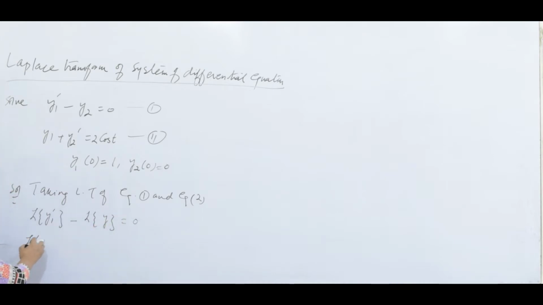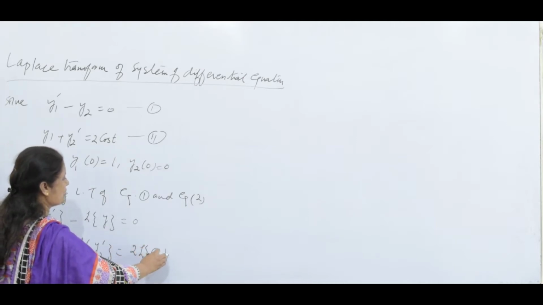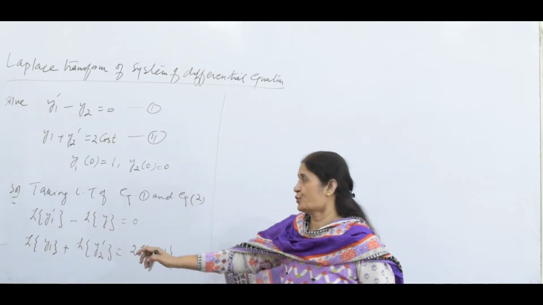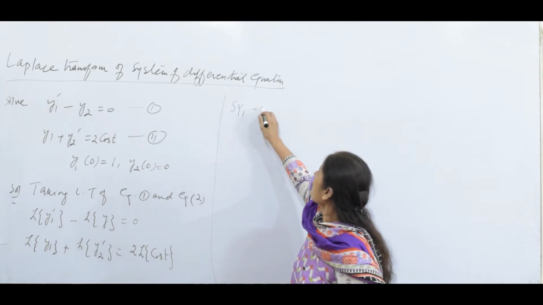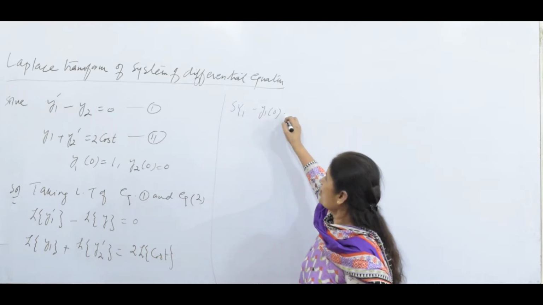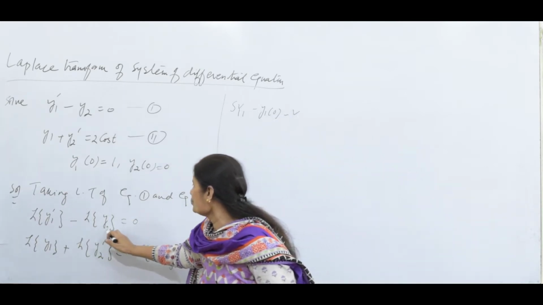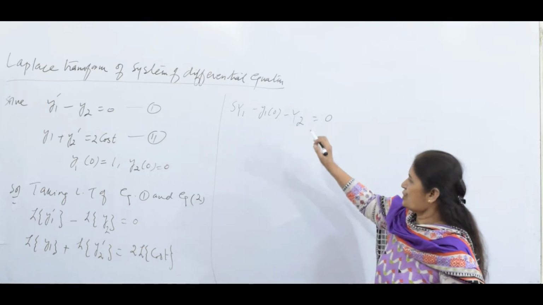Then the Laplace transform of y1 plus the Laplace transform of y2 dash is equal to twice the Laplace transform of cos t. So the Laplace transform of the first derivative we know as capital Y1 minus y1(0) minus capital Y2 is equal to 0.